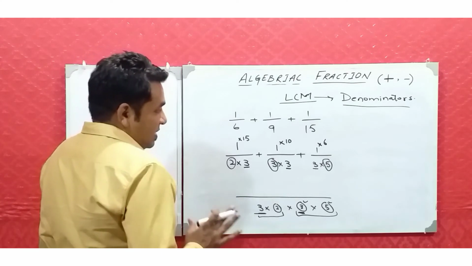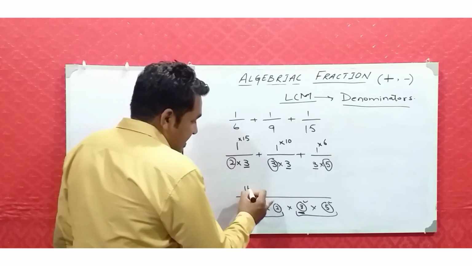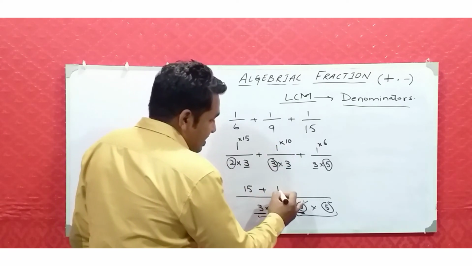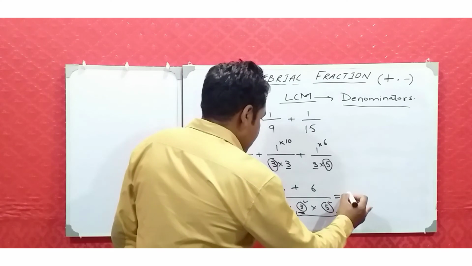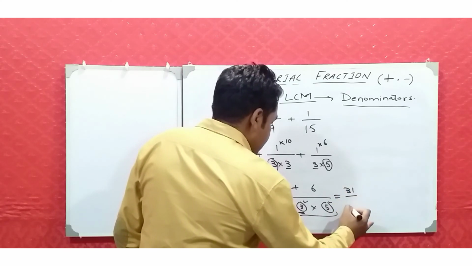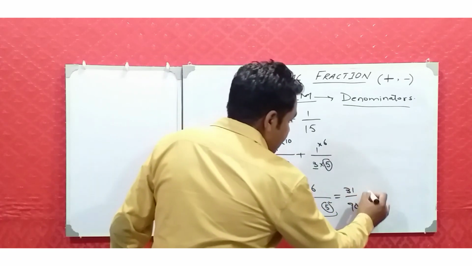I hope you are getting it. So 1 times 15 is 15, plus 10 times 1 is 10, plus 6 times 1 is 6, equal to 31 over 90. So the same answer we are getting.